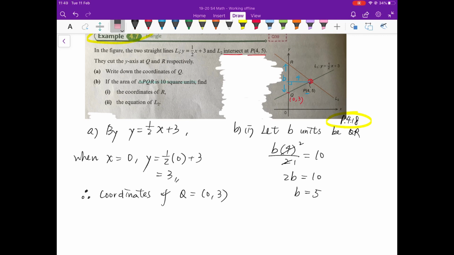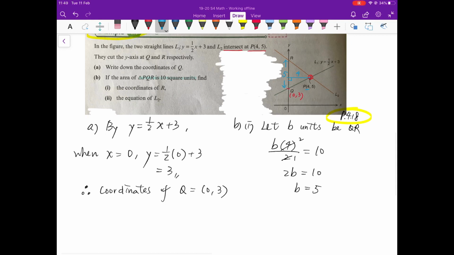Okay, great. So we know that the base is equal to 5. So I mark it down. I put the values back into the figures so that we know that b equals 5. Based on Q being 0 and 3, R is 5 units above.